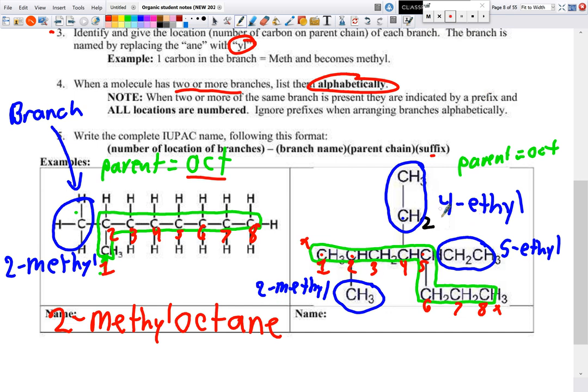E comes before M in the alphabet, so I'm going to list my ethyls first. When I start numbering them, I see ethyls on 4 and 5. So 4, comma, 5 because there's 2 numbers. Now I have 2 ethyls there. Remember prefixes. So we get diethyl.